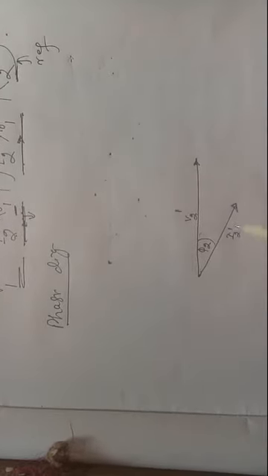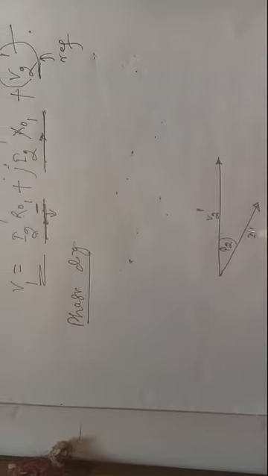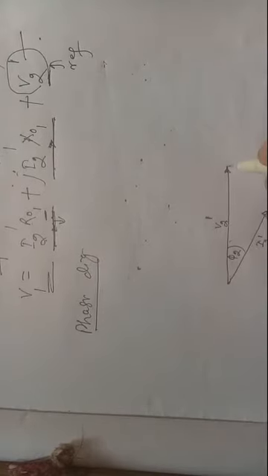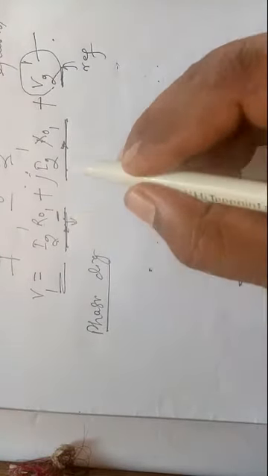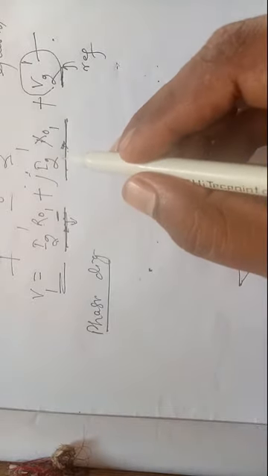So I2 dash R01 will lie in this phase. But we have to start this I2 dash R01 from this point, because these are continuous additions: V2 dash with I2 dash R01 with j I2 dash X01.